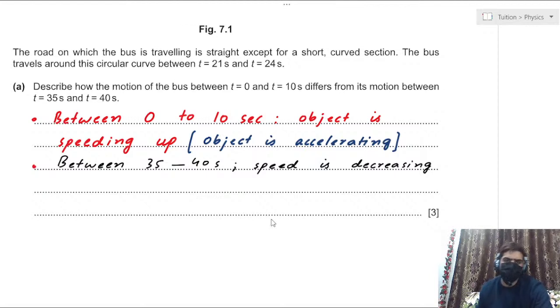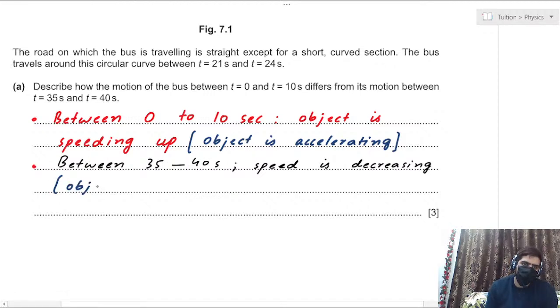Or velocity is decreasing, or it is decelerating. So if the speed is decreasing, the object would be decelerating. So you can write here, object is decelerating.